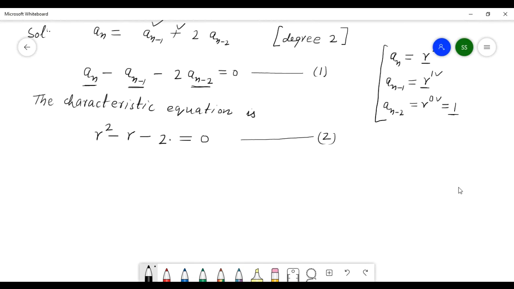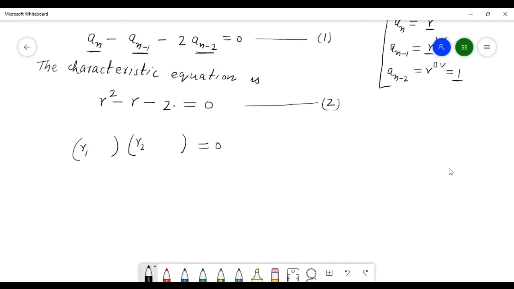This is a quadratic equation: r squared minus r minus 2 equals 0. How to solve this? Solve like that. Here take (r minus r1) in a bracket and here take (r minus r2). There are two solutions: the first solution I will take r1 and the second solution I will take r2, and it is equal to 0. Now how to solve this?